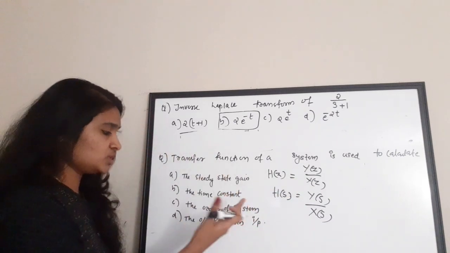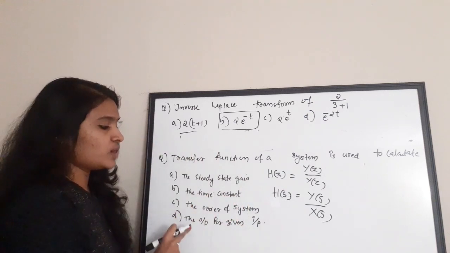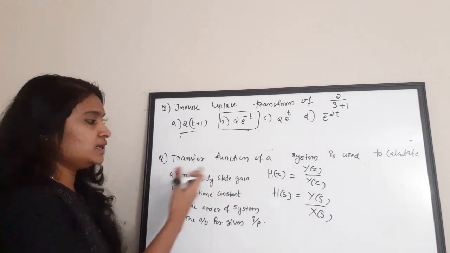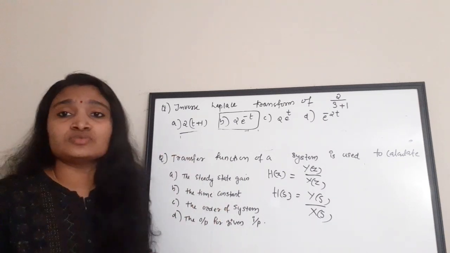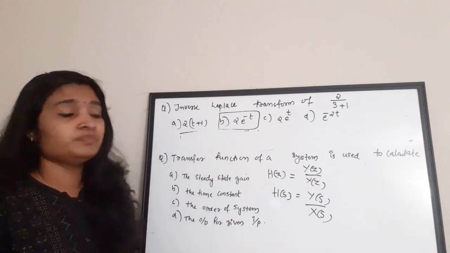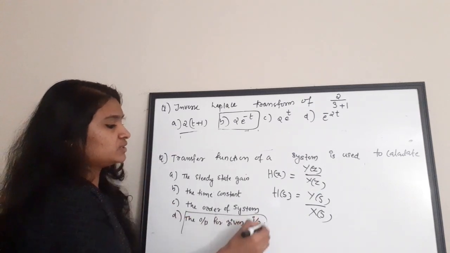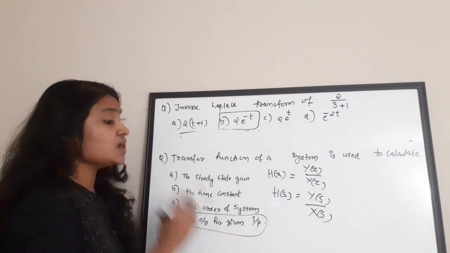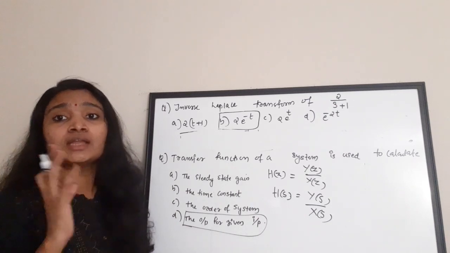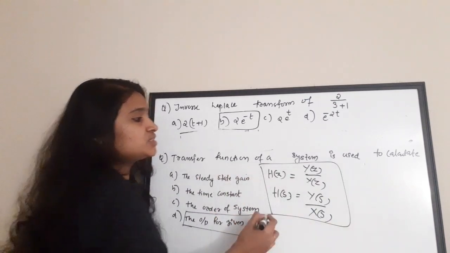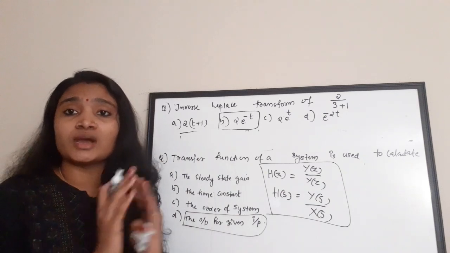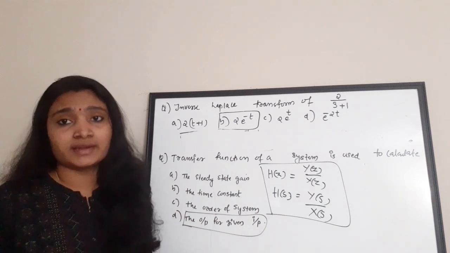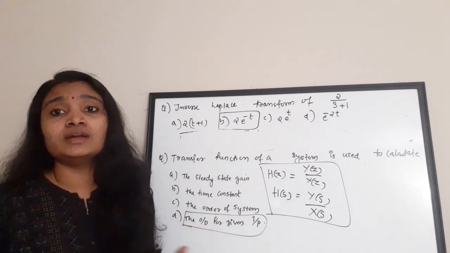That is, transfer function is the ratio of output for given input. That is the correct answer for this question. Again, you can use the transfer function for finding many things, but the primary definition of the transfer function is the output of a system for a given input. So the correct answer is option D.